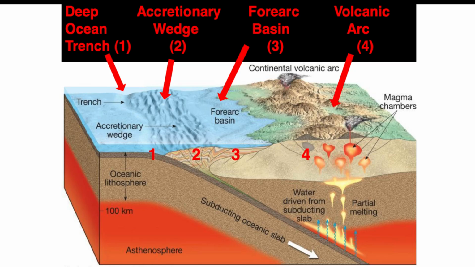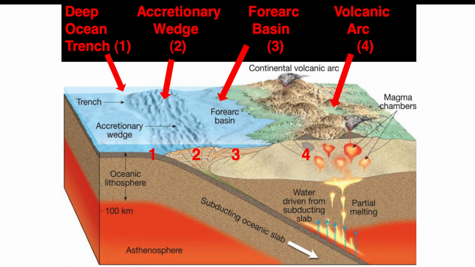And here we go. So the four things that are typically created at a convergent plate boundary: where the plates collide, we get a deep ocean trench. And then we get the creation of what's called an accretionary wedge. It's the scraping of the oceanic crust and piling onto the continental crust. And then we get a forearc basin, an area of stuff not really happening.